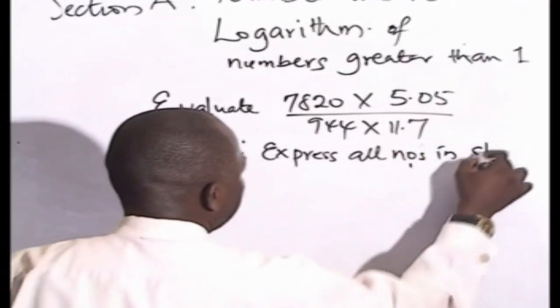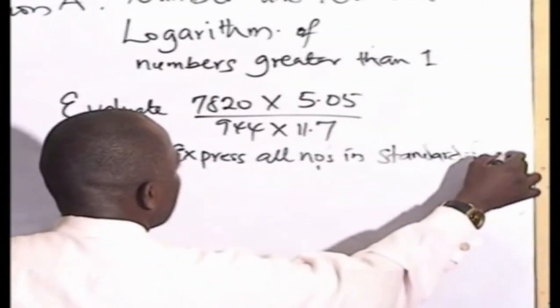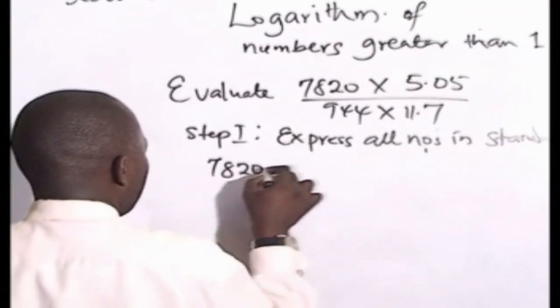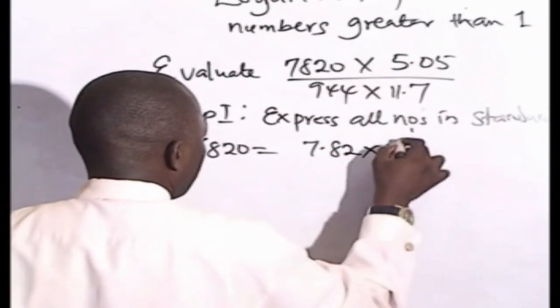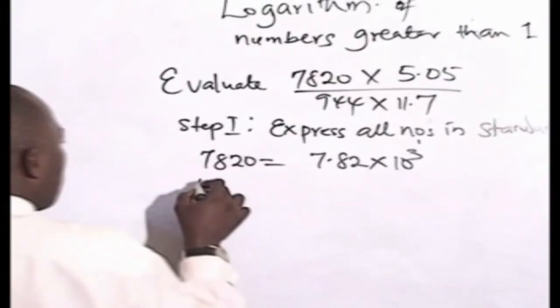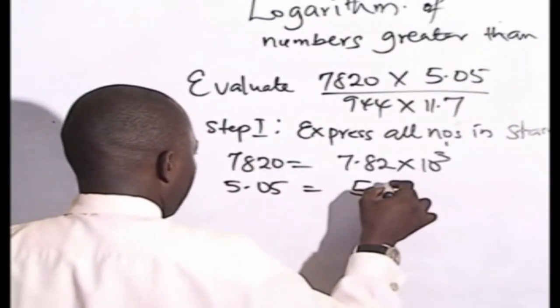You may need to rewind back so that you know how we do this. So this one becomes 7.82 times 10 raised to power 3. You shift it from here, 1, 2, 3. The second one is already expressed in standard form, so you don't need to change anything there.